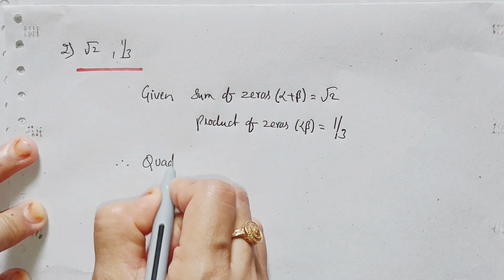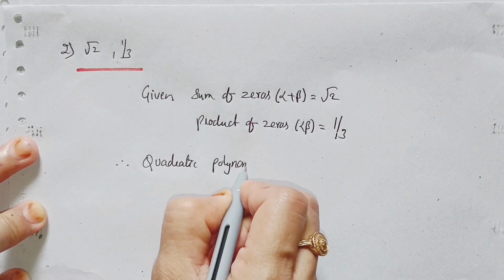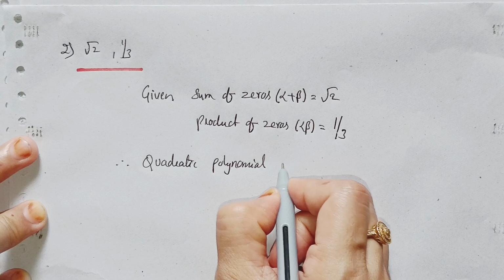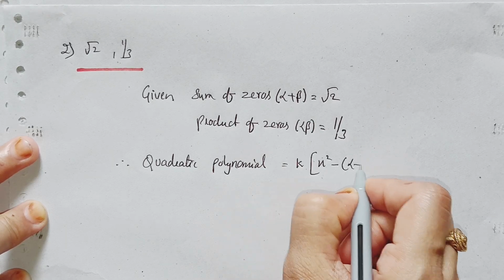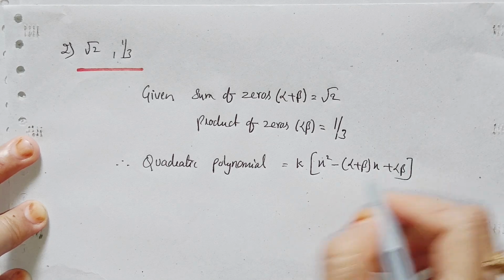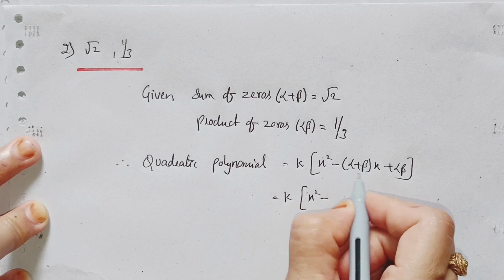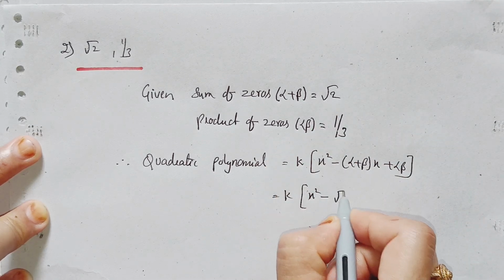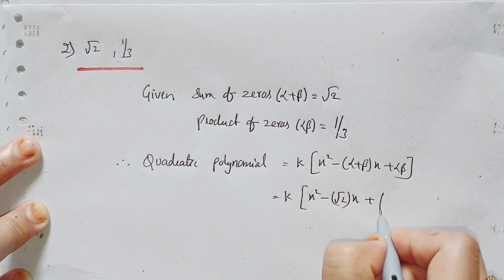Therefore the quadratic polynomial is k of x square minus of alpha plus beta of x plus alpha beta. So k of x square minus alpha plus beta, which is root 2, of x plus alpha beta, which is 1 by 3.